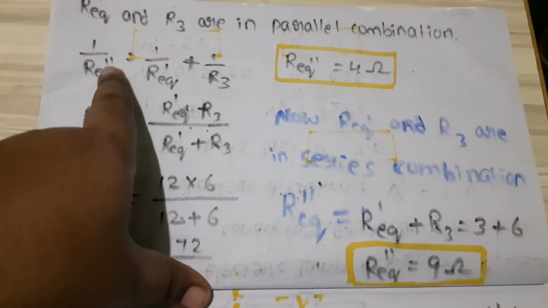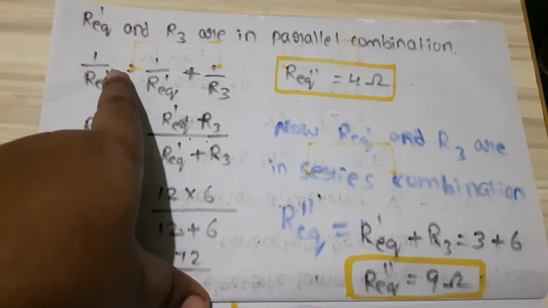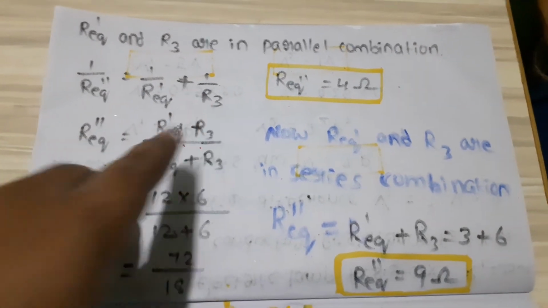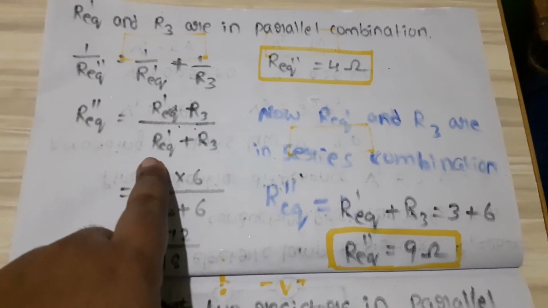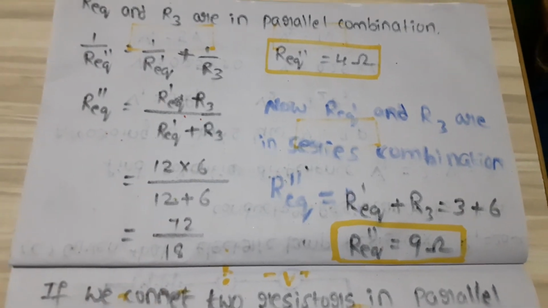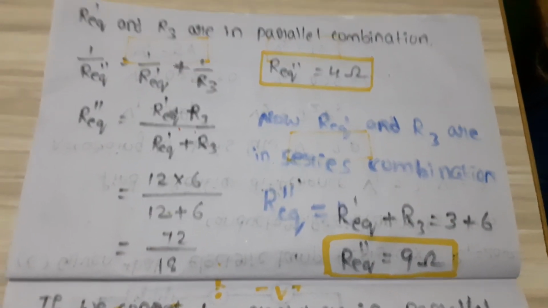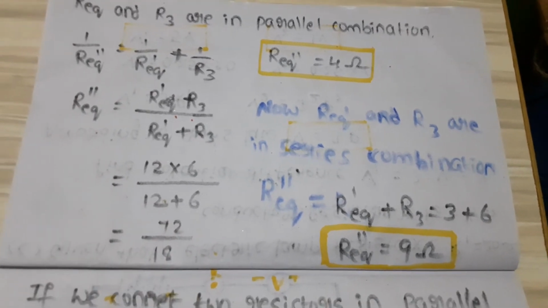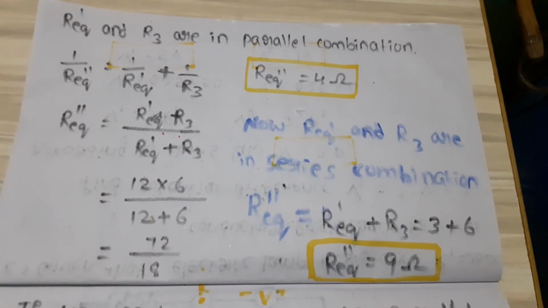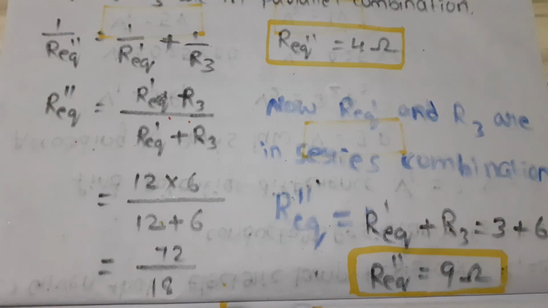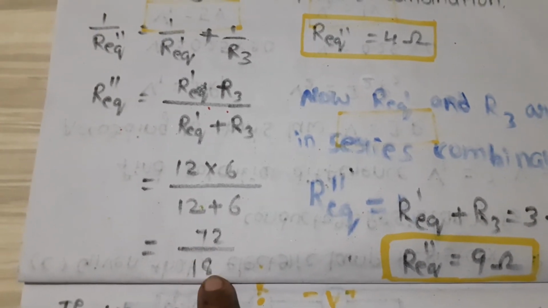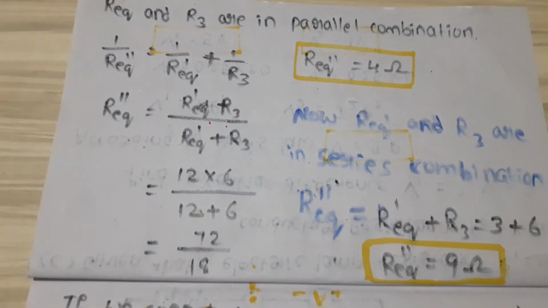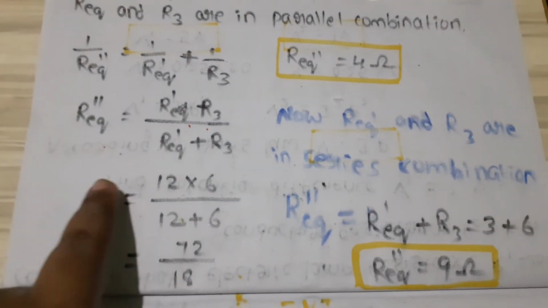So the formula is 1 by R equivalent double dash equal to 1 by R equivalent dash plus 1 by R3. Substitute the values of R dash and R3: on numerator 72, on denominator 18. 72 by 18, 4 ohms is the total equivalent resistance of the circuit.